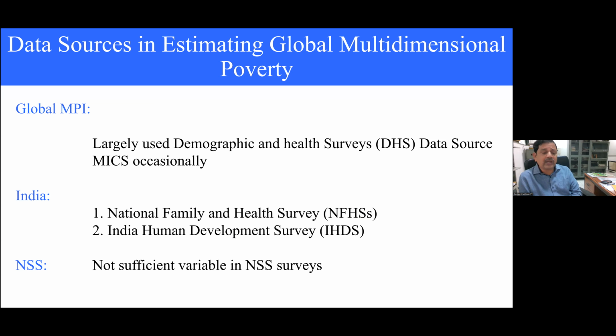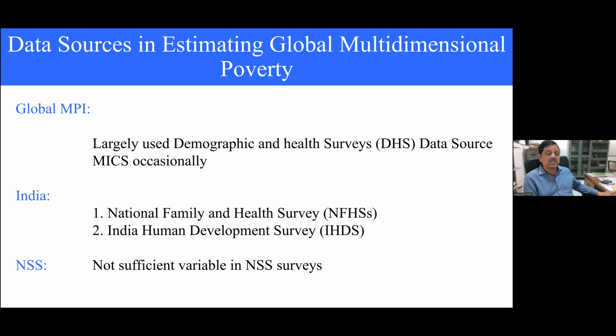This microdata is more specifically confined to the DHS survey, known as the Demographic and Health Survey. As all of us know, DHS is the standard tool for many developing and low income countries, a very authentic and reliable data source. One of the advantages of DHS is that it uses uniform instruments across the countries.